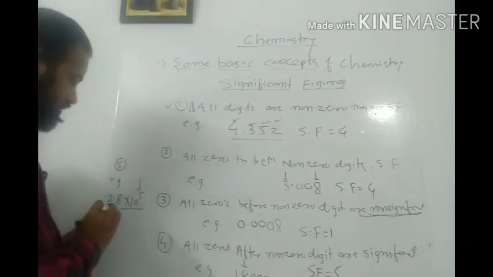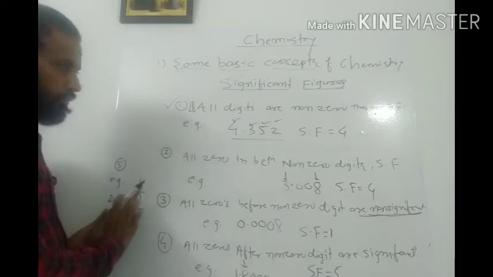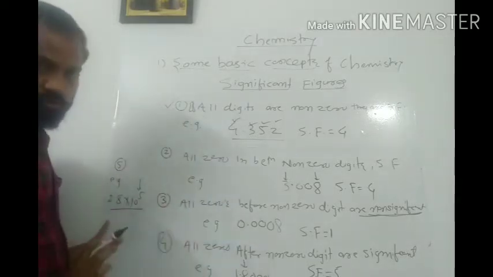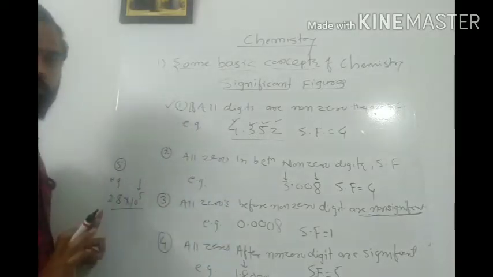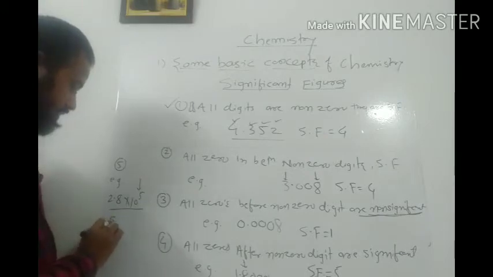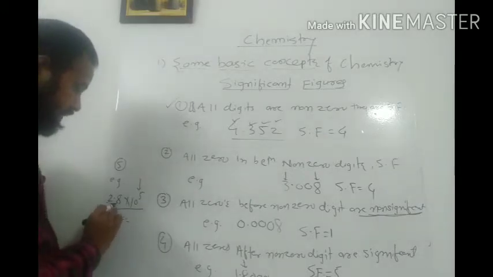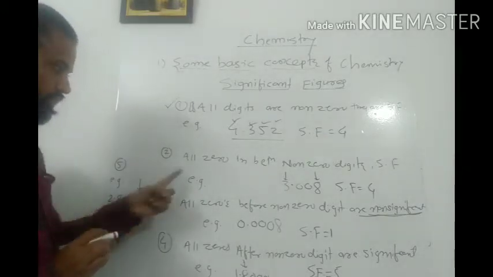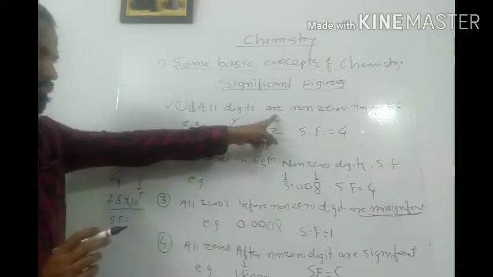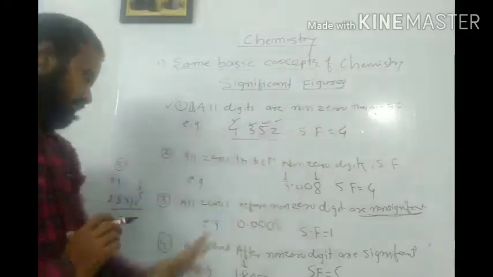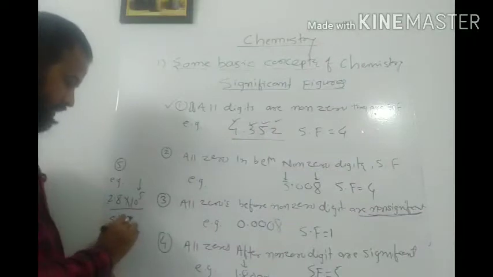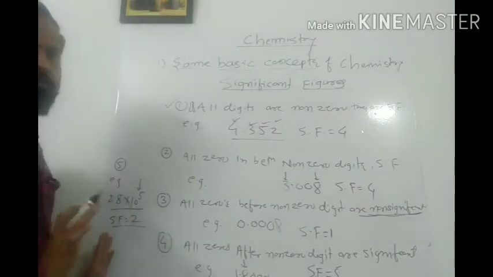We consider only this term and apply the rules to it. Here the digits are 2 and 8, both non-zero, so according to the first rule the significant figure count is 2. We simply neglect the power.